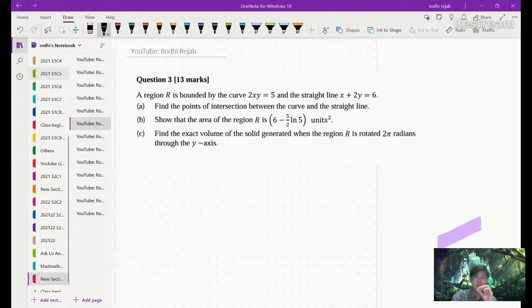So to find points of intersection, it means that for both functions, the curve and straight line, at that point the x and y are the same. So in order to find the intersection point, we have to rearrange both function equations first.